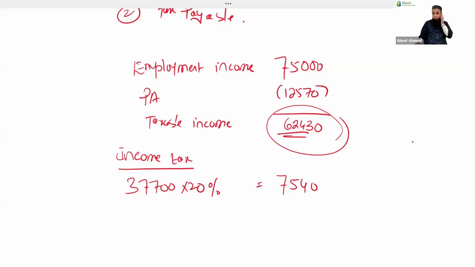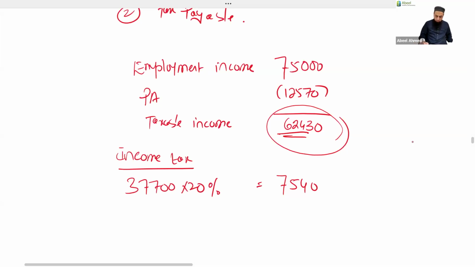Now, some of the students, what do they do? They just search for this nil rate band. Actually, employment income is your non-saving income, and on non-saving income, you do not get any nil rate band. Nil rate band rule relates to saving income, not non-saving. And in this question, we only have income from the non-saving source of income.